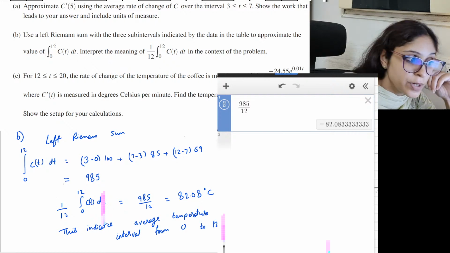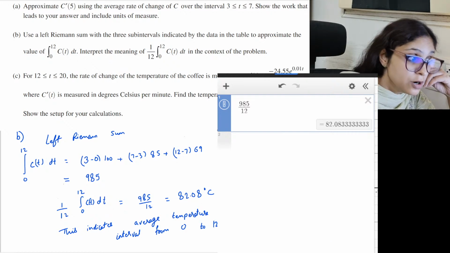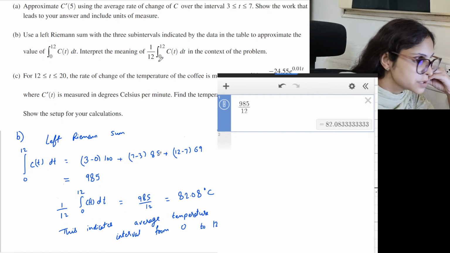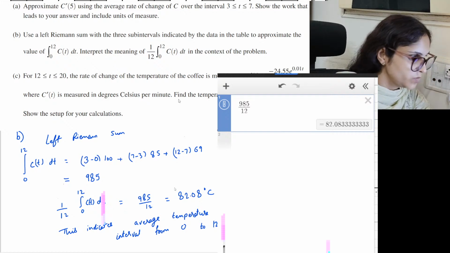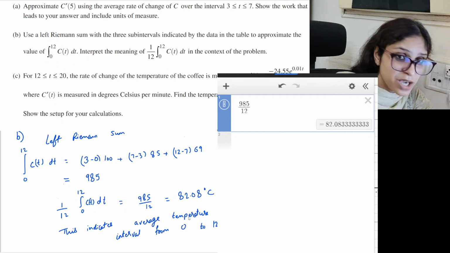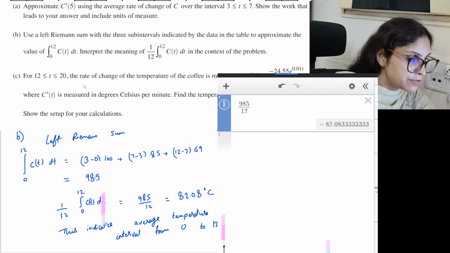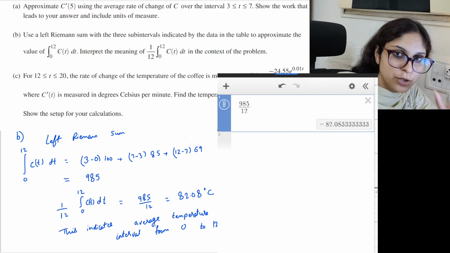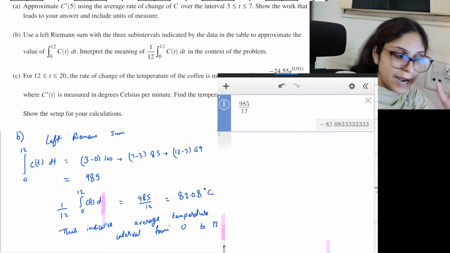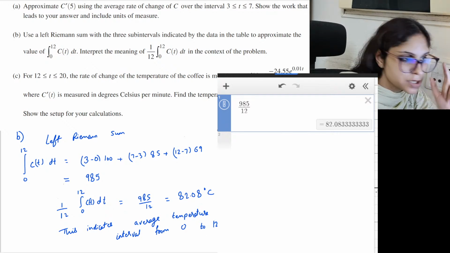So 82.08 degrees Celsius is the average temperature over the interval from 0 to 12 minutes. And with this, we have done everything for part B. So for part B, it is important that you find left Riemann sum, and to write its interpretation, it is important to include the keywords average temperature and the interval from 0 to 12 minutes.